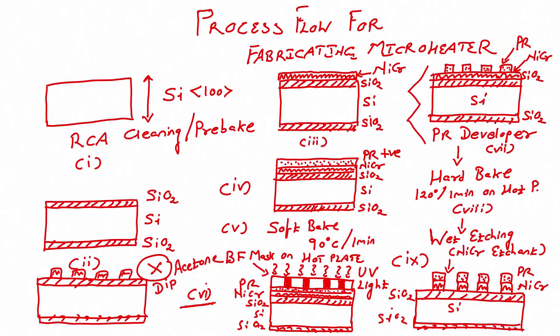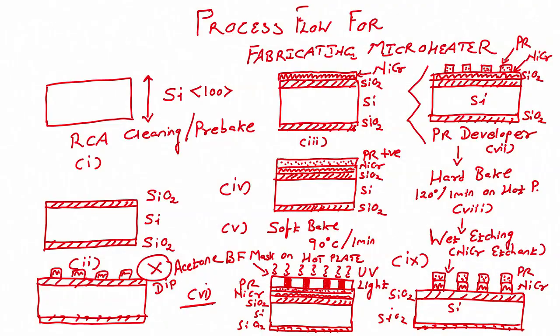So, you can say acetone dip, acetone dipping. So, if you see what we get here, after performing these 10 steps we get a nichrome pattern on oxidized silicon substrate, right.